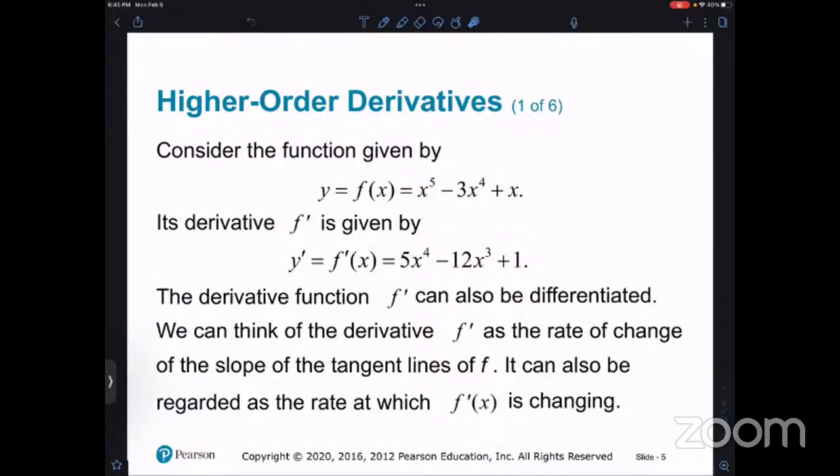So the derivative function f prime can also be differentiated. We took the derivative of the original, we got this result, but this result we can also take the derivative of again. We can think of the derivative f prime as the rate of change of the slope of the tangent line of f, but it can also be regarded as the rate at which f prime is changing.